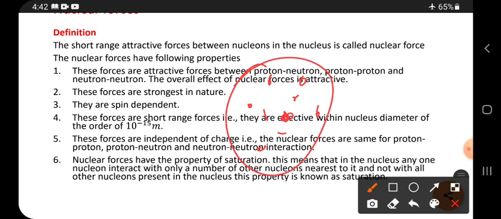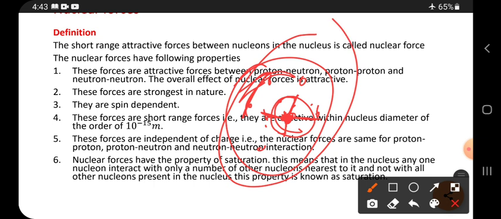If you take one nucleon, it can interact with its neighboring nucleons only, not with other nucleons which are far away from it. That is called saturation.